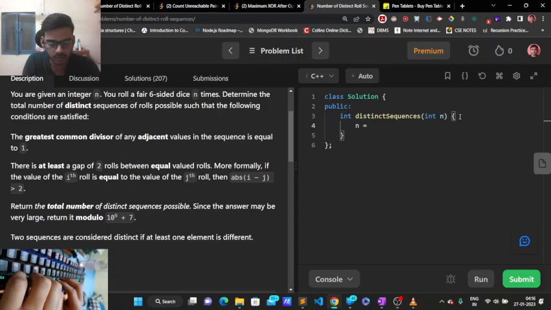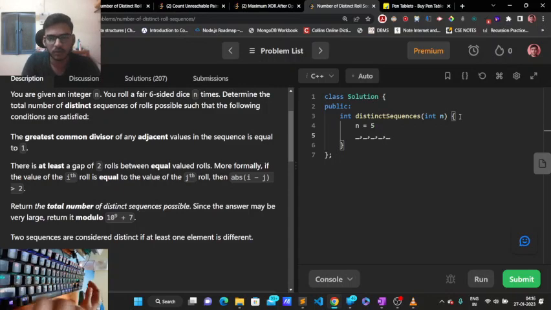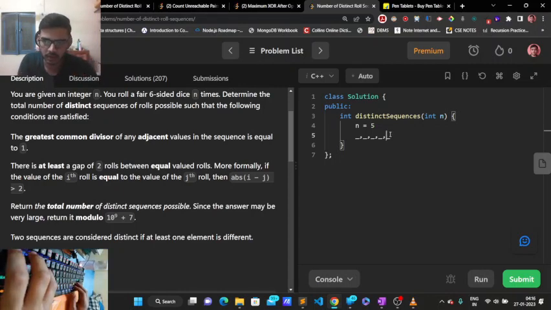Now let's start with an example. Let's say n equals 5. That means the die is to be rolled 5 times. The sequence can be 5, 1, 2, 3, 4, and 5. But suppose we roll the die the first time and it comes out to be 1, then 2.